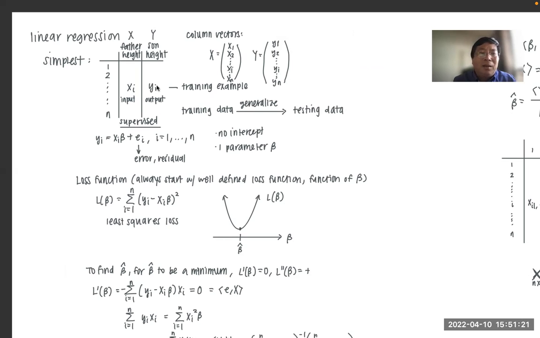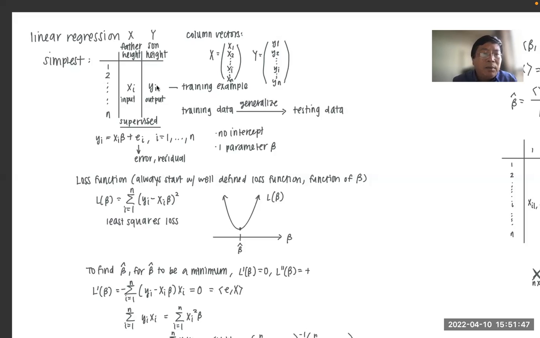But later, people generalized this meaning of regression, so that regression now is understood as just finding the relationship between the input variable or input variables and the output variable or output variables. That is, both input and output may consist of multiple variables in the general situation.